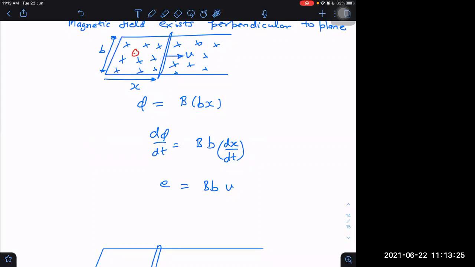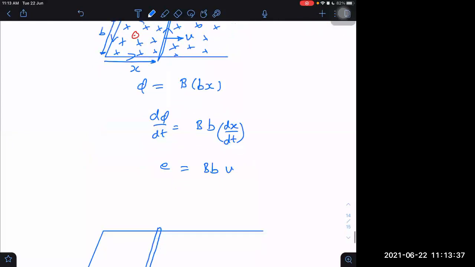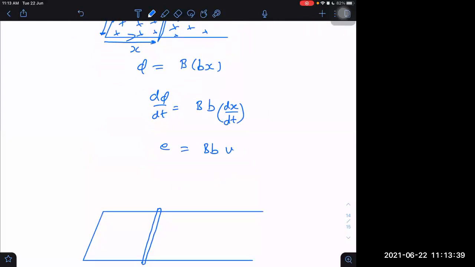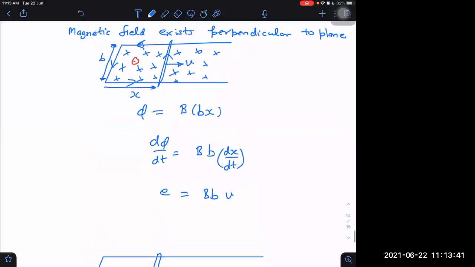In which direction? In dot direction. What do you mean by dot direction? Means current will be in which way? If it is dot, then current will be anti-clockwise. It is not that the current was existing initially. No current was there, but on movement of it with velocity v, there is some current induced.